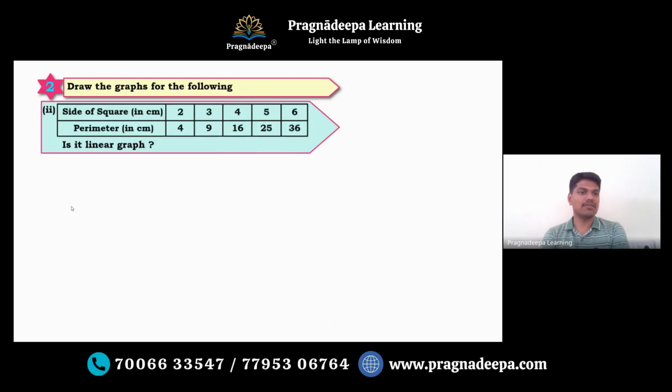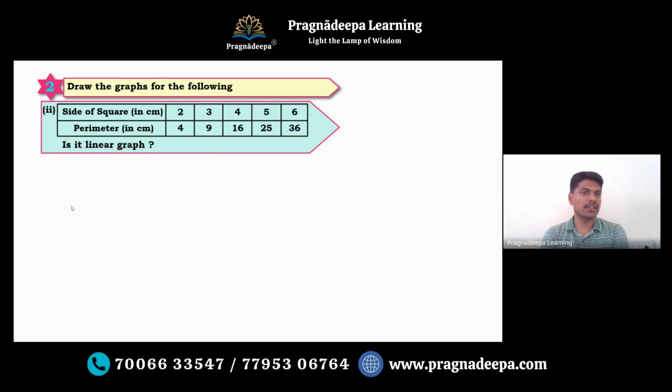See, now there is one more question. Draw the graph for the following. The same idea. The side of the square and the perimeter are given. Now you have to check whether this graph is linear or not.